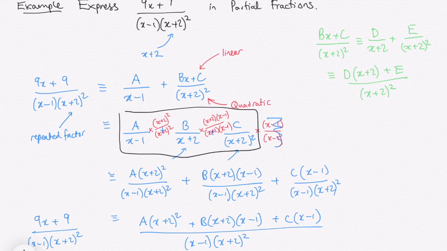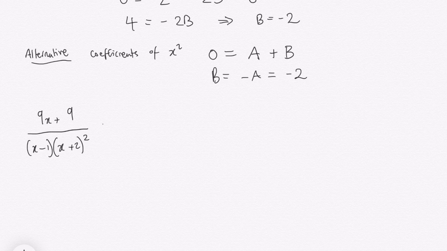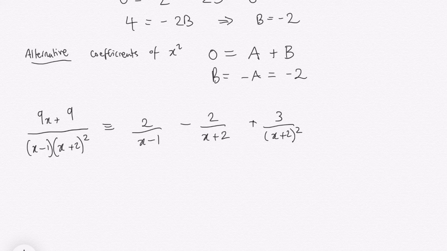So we can say that (9x plus 9) over (x minus 1)(x plus 2) all squared is identical to 2 over (x minus 1), which was our value of a, minus 2 over (x plus 2), because our value of b was minus 2, plus 3 over (x plus 2) all squared. And that is (9x plus 9) over (x minus 1)(x plus 2) squared, expressed in partial fractions.